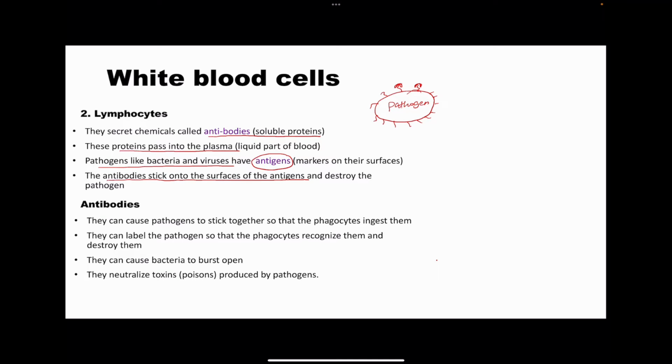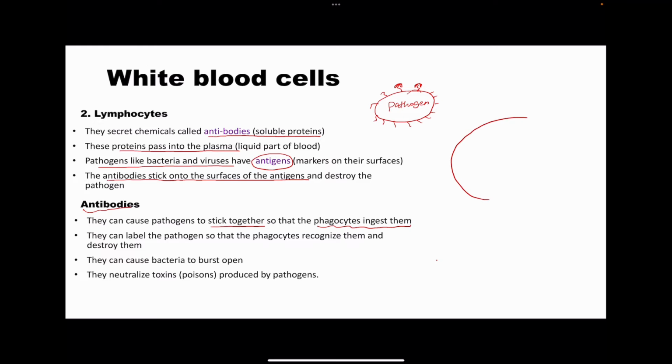When we talk about the antibodies, these are proteins in nature, and they stick onto the surface of the pathogens or the antigen. They bind to the antigen found on the surface of the pathogen, and they cause the pathogens to stick together. When they stick together, phagocytosis can occur rapidly.